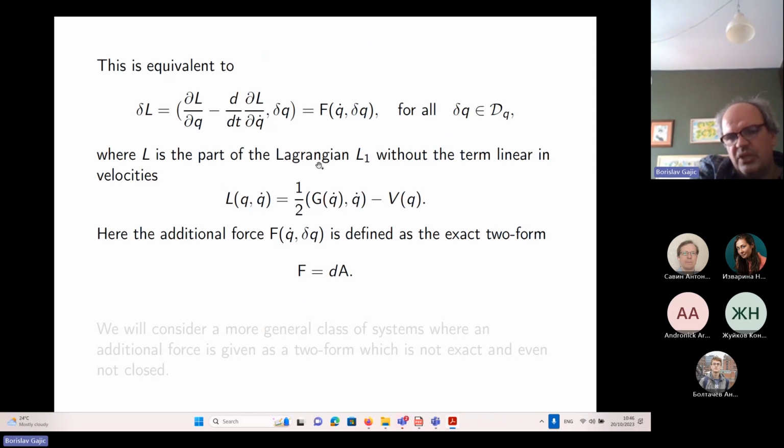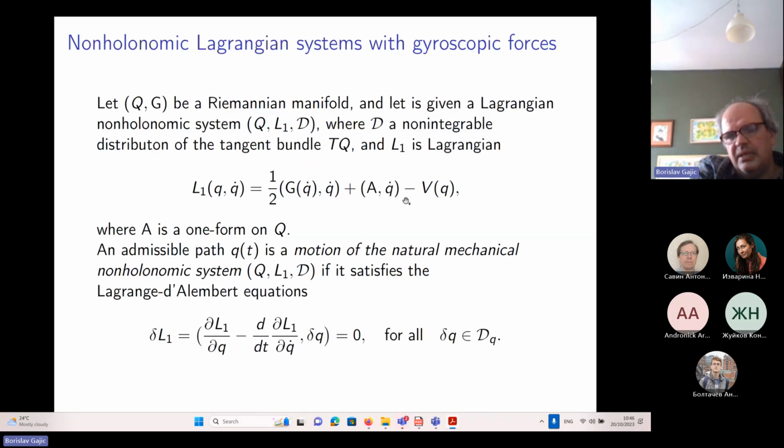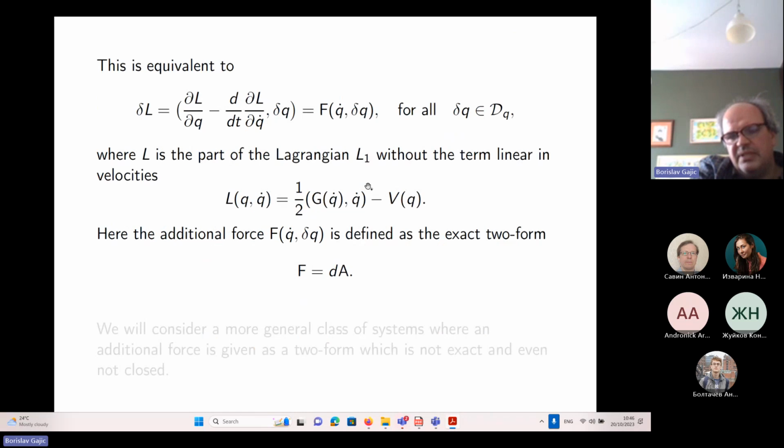In this special case, when we have this linear part in the Lagrangian, one gets that F is dA, which simply means that F in coordinates is linear in velocities and given by a skew-symmetric matrix. But this is exactly the differential of this one-form A.